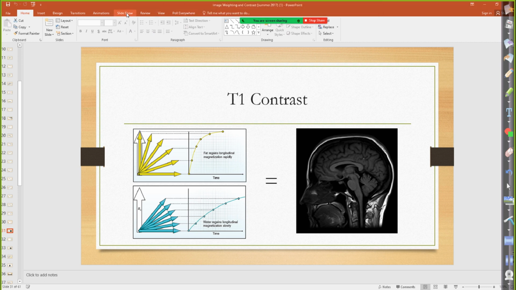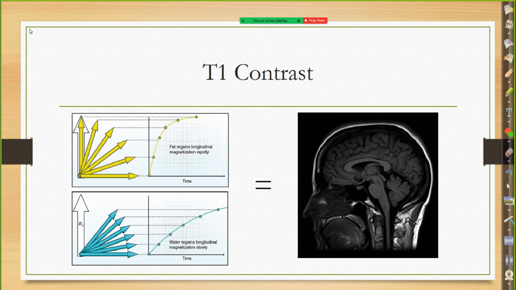So you said that fat has a larger vector. Yeah, so fat has a larger vector as it recovers quicker in the longitudinal plane than water does, because water takes a little bit longer because it's not giving off energy to its surrounding environment as quickly.